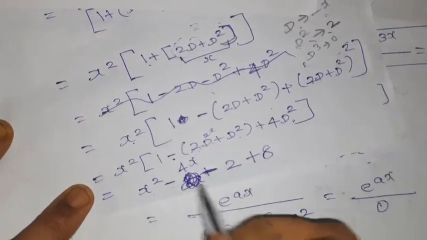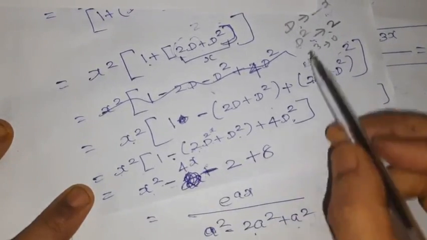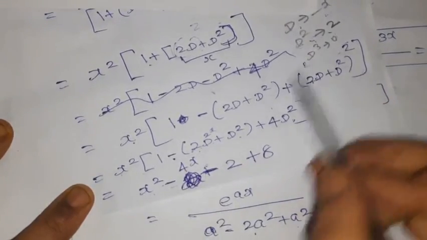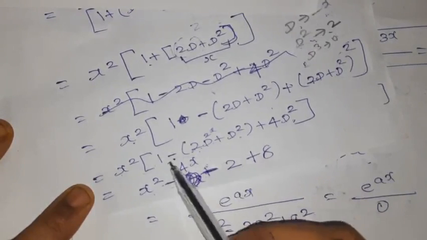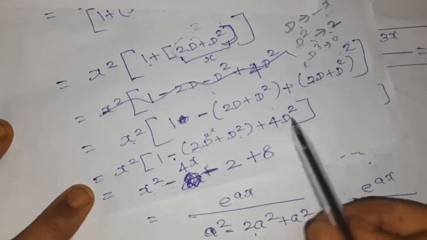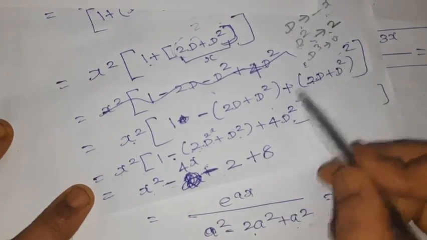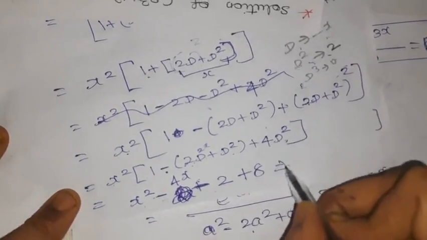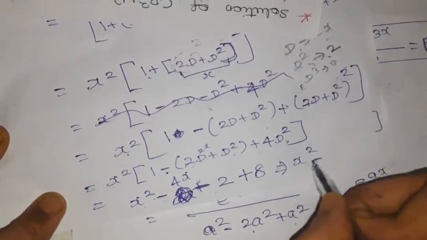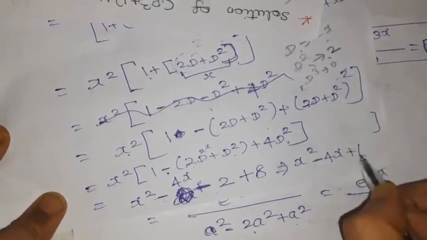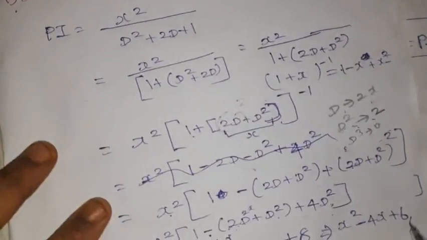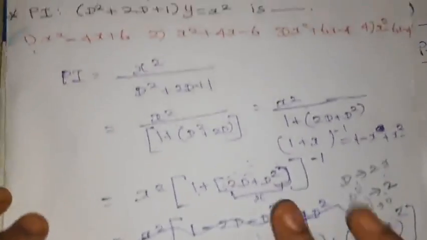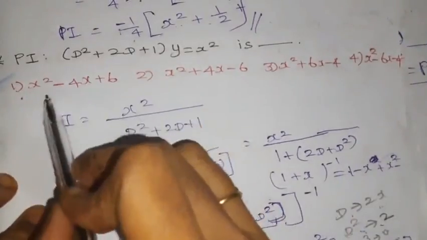X squared minus 4x. Okay. D squared equal to plus 2, here minus 2, then 4 D squared value is 2, 4 into 2, 8, plus 8. So x squared minus 4x plus 6. So this is the particular integral, x squared minus 4x plus 6.